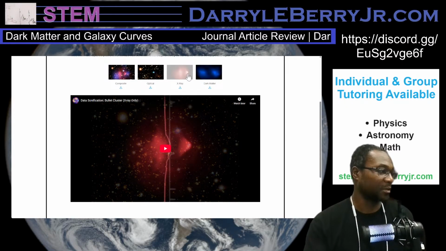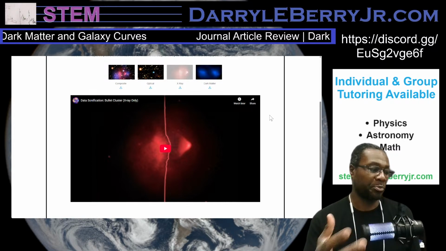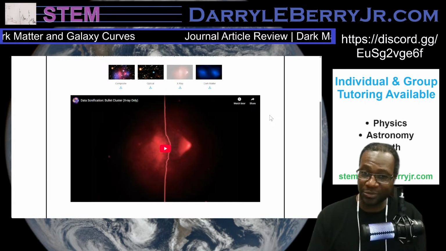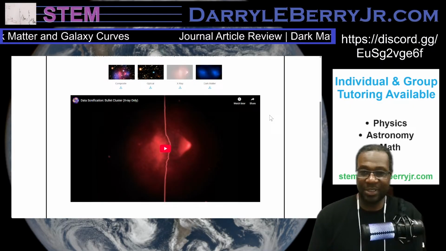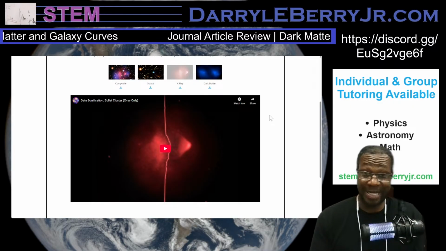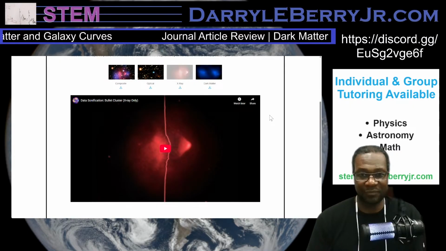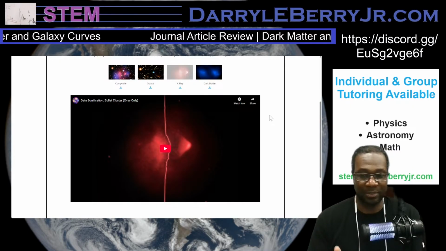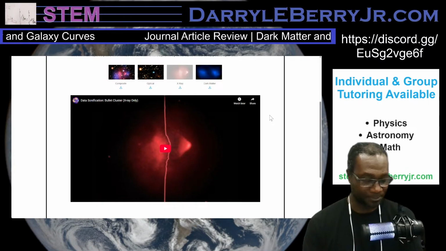But if we look here, what we're doing now is looking at the plasma that's at the heart of these two clusters. So if we consider the sun, stars are mostly hydrogen, right? We know that from studying them, looking at the spectra coming from them in other ways as well.